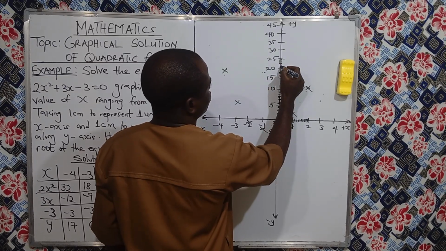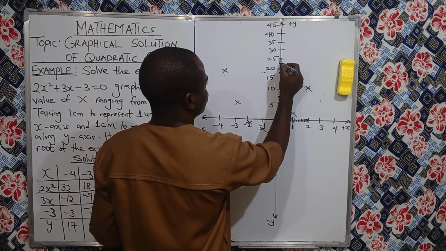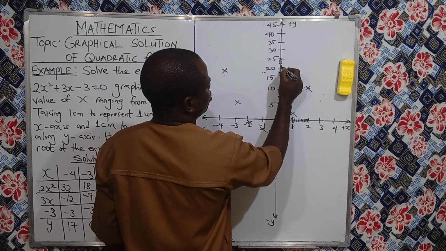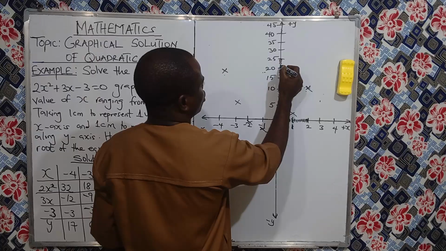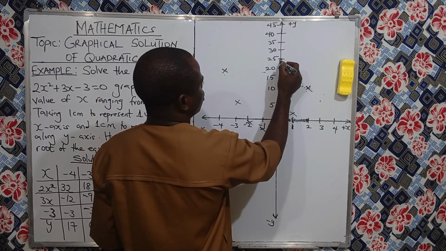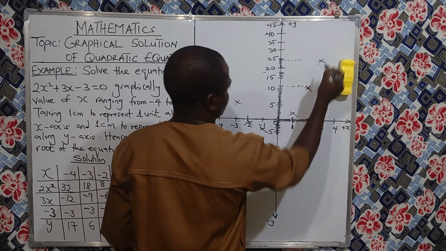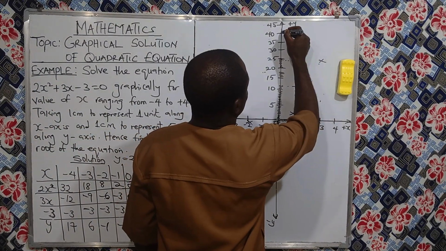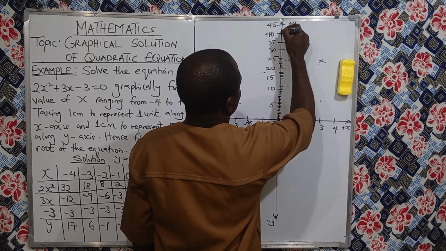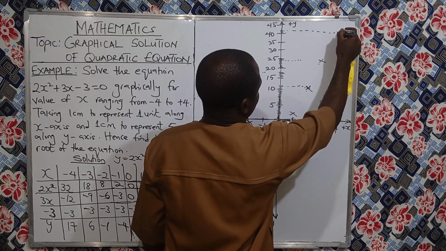Now 20.5, 21, 21.5, 22, and so on up to 24. Then 4 to 41, 4 to 41 is 40, 40.5, 41. We add the 0.5 together to it.